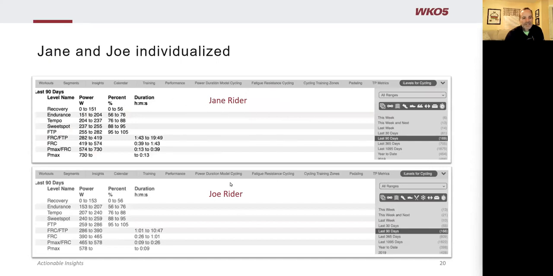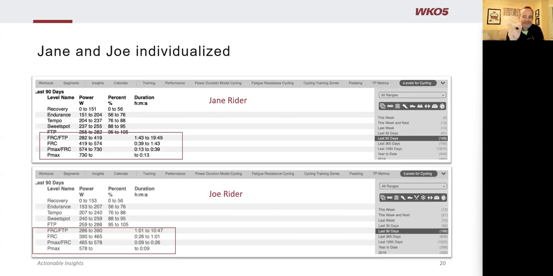So here we see Jane and Joe, same two riders, same two thresholds, using individualized iLevels. Let's look at all the different training zones or levels above FTP. We begin to see some dramatic differences from the classic training level process. Pick FRC, anaerobic capacity: 419 to 574 versus 390 to 465. So now we're seeing a 100 watts plus difference.